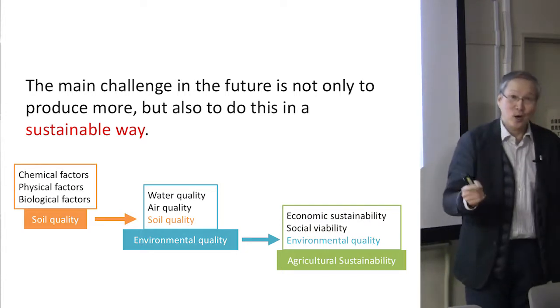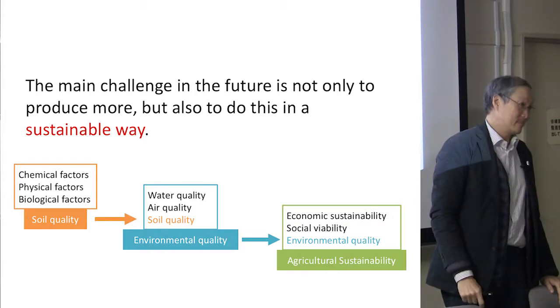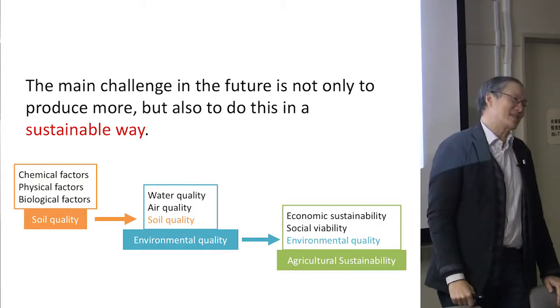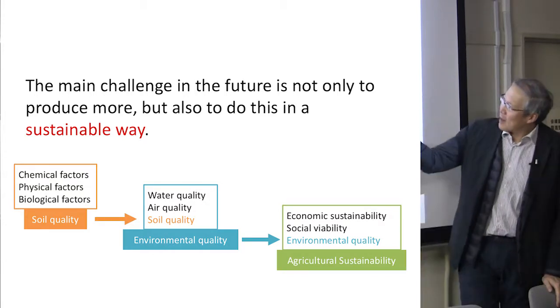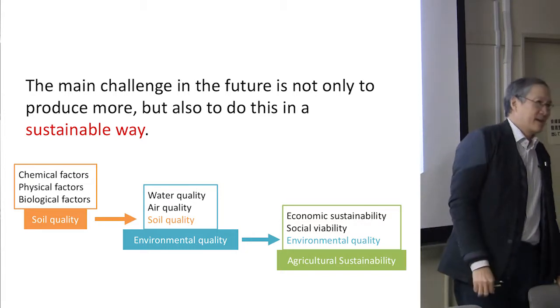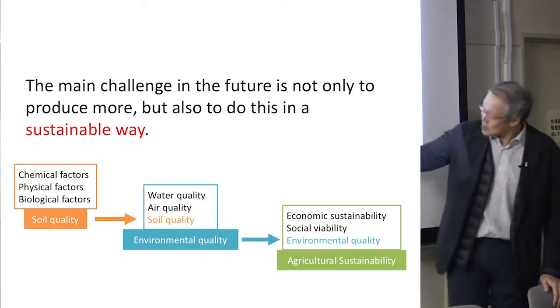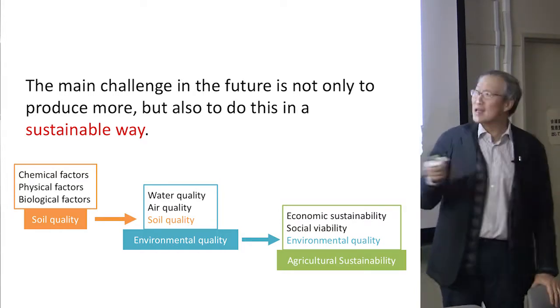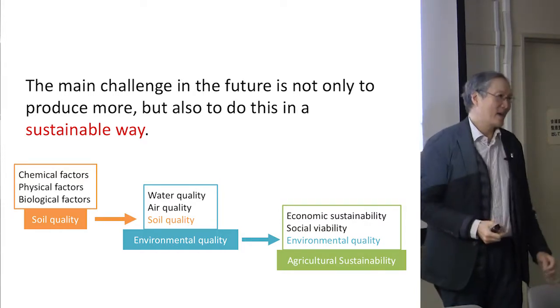Of course, we need to produce more. But that is not the only challenge. The other challenge is to do it in a sustainable way. We need to produce more, yes, but we need to do it in a sustainable way.